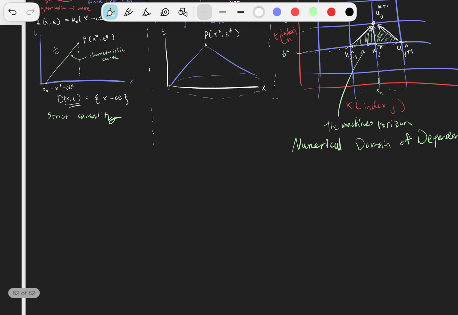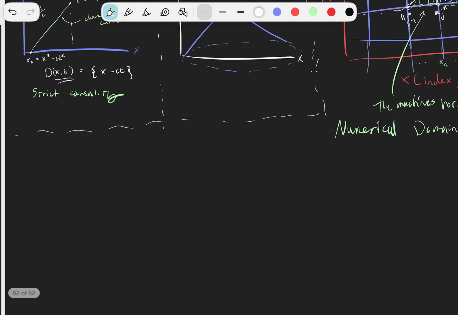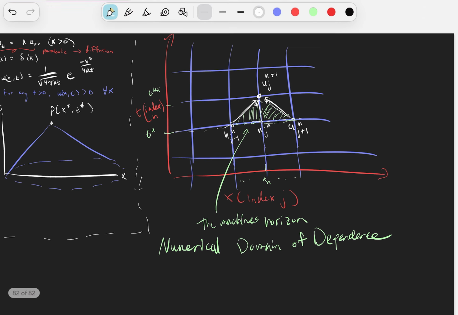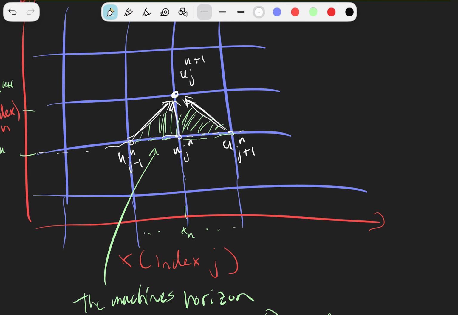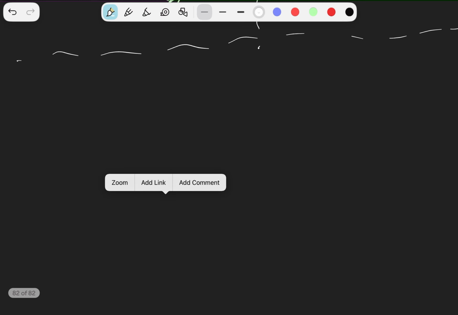There are several algorithms, or discretization schemes, that are particularly interesting to describe this grid, and we'll think about this domain of dependence and the nodes on this grid. But there's something that, again inspired from physics, we can call the advection update.